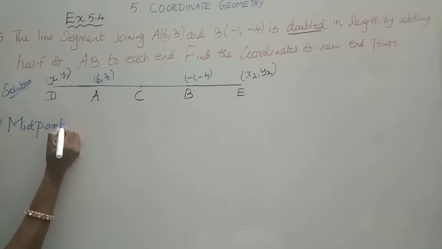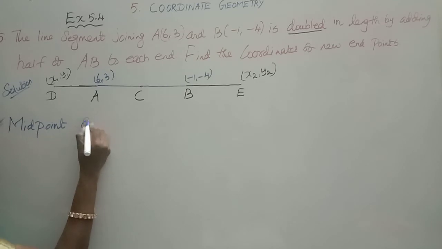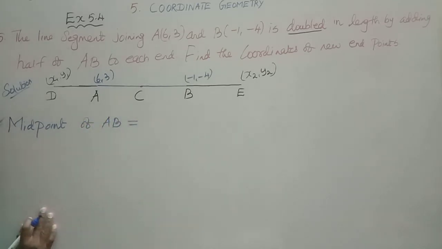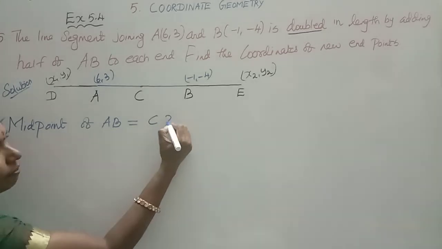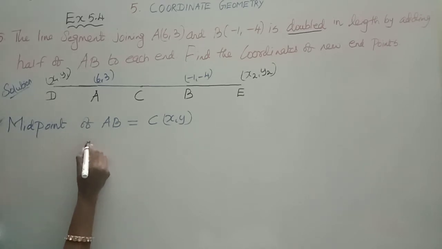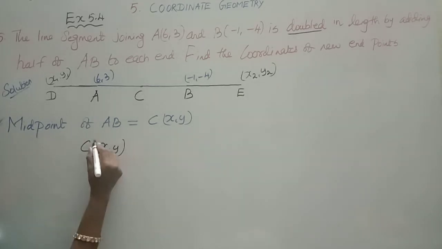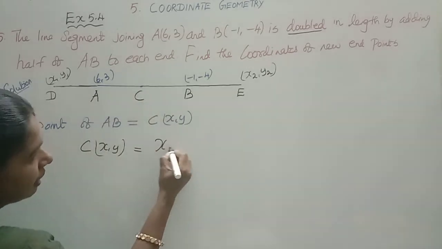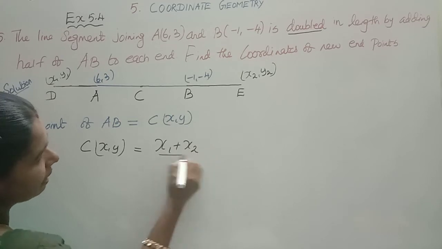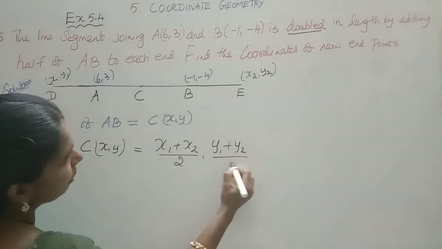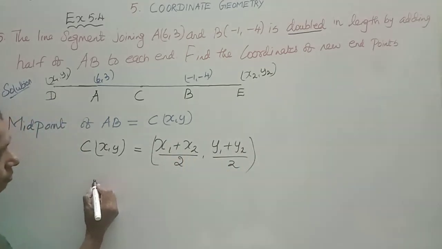Using that midpoint idea, we will solve this sum. Midpoint of AB, I am going to take as C of x comma y. Midpoint means what formula? x1 plus x2 by 2, then y1 plus y2 by 2.